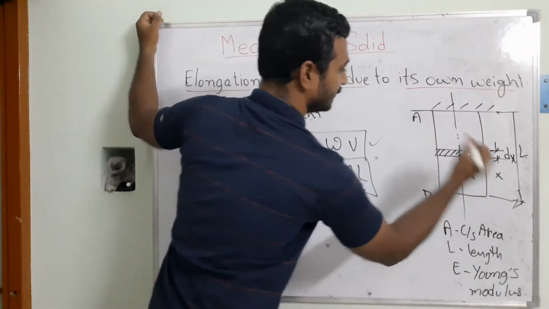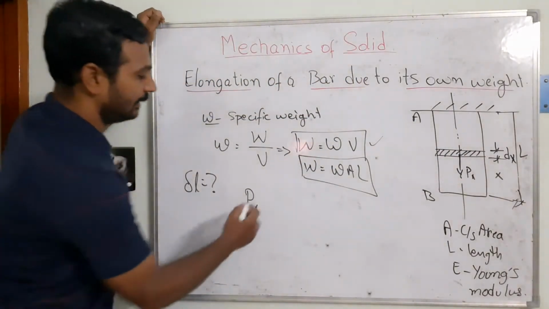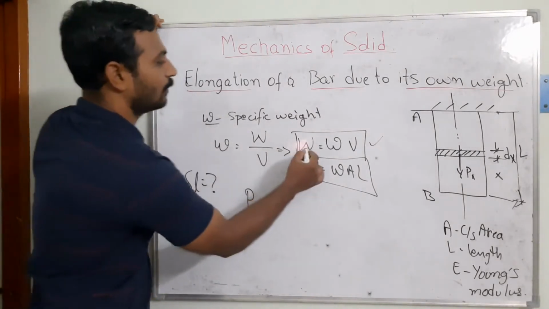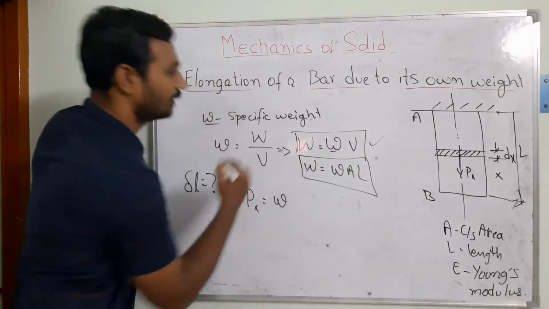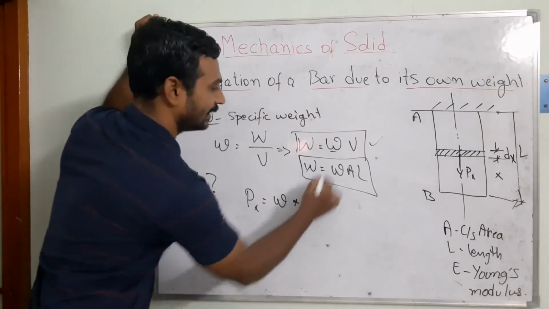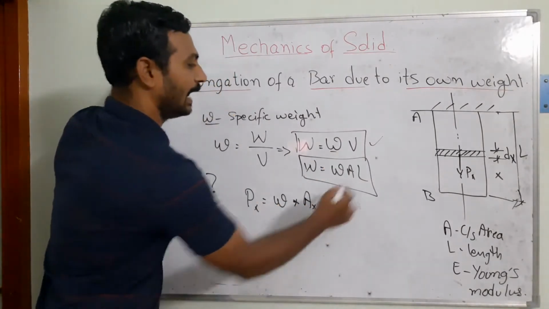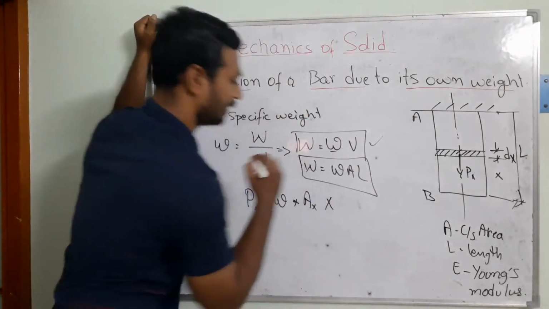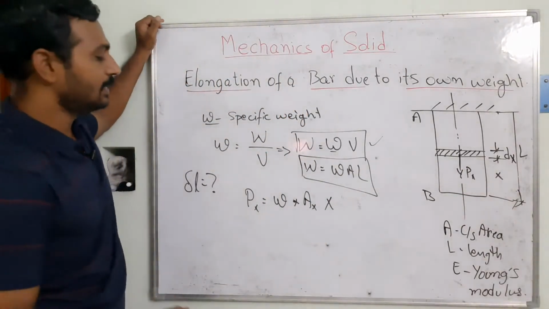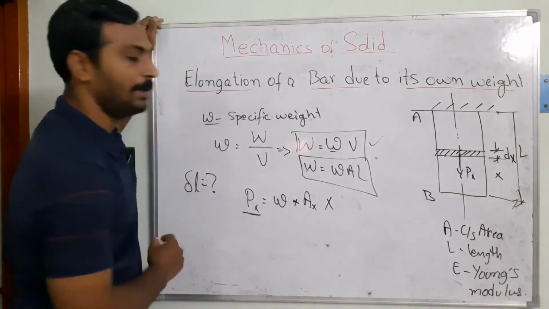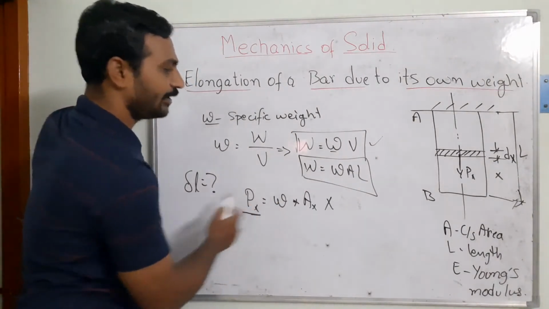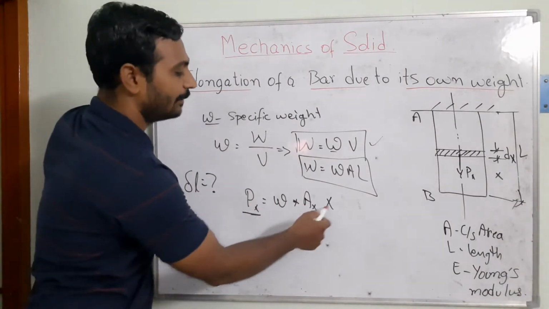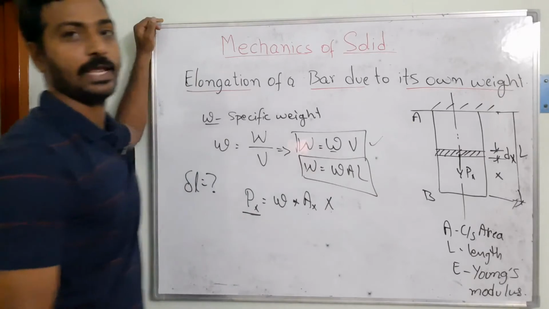Px is equal to the specific weight into the area Ax into the length x. So the load acting on the elemental strip is equal to the specific weight of the system, the cross-sectional area, and the distance from the free end we have taken.